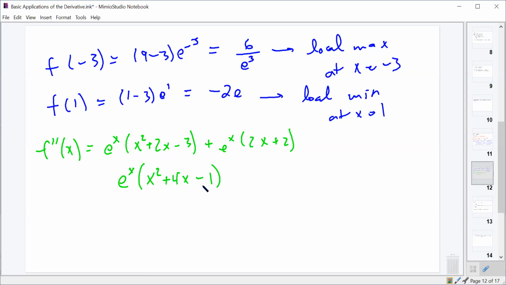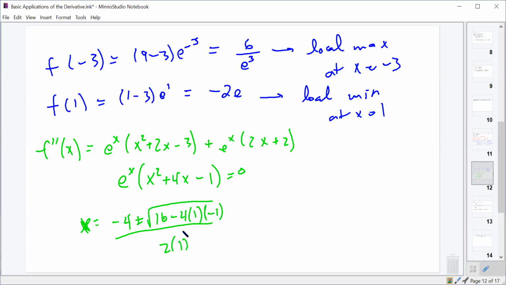All right, cool. X squared plus 4x minus 1 doesn't factor using rational numbers, so we can either complete the square or use the quadratic formula. Setting that equal to 0, we'll use the quadratic formula: negative 4 plus or minus the square root of b squared minus 4 times a times c, all over 2a.